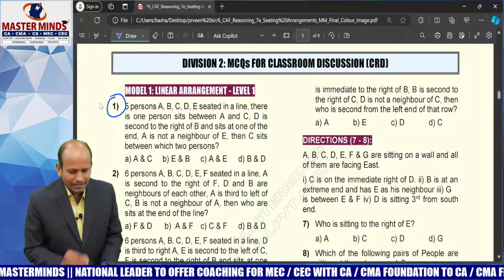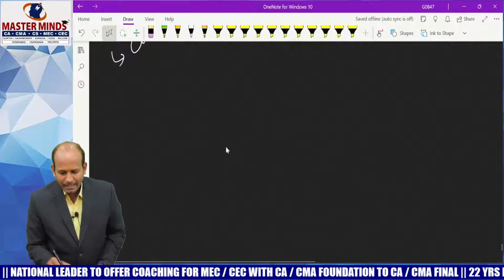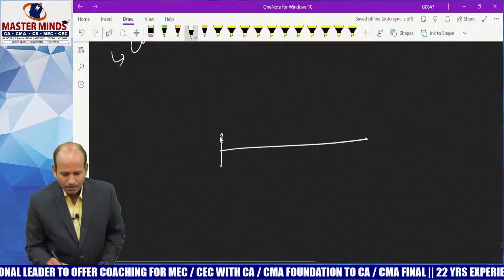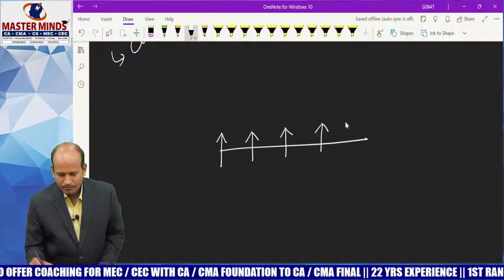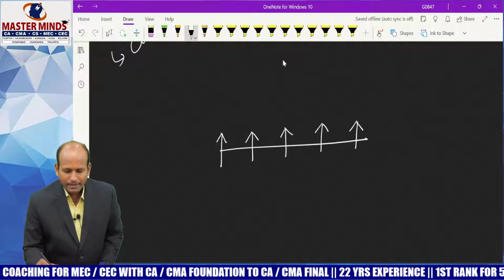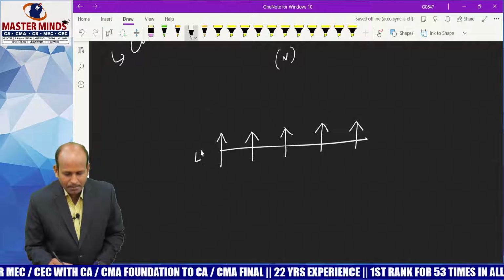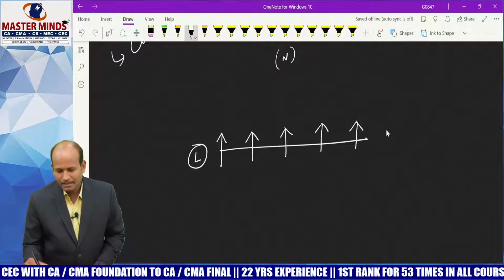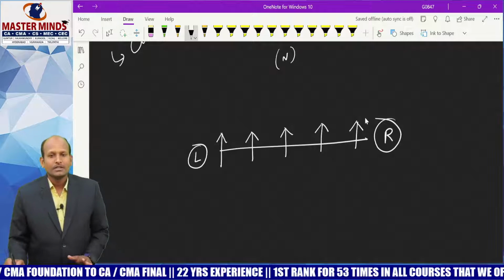So first let me take question number 1. It is a single lined seating arrangement. There are 5 members. Let me take all of them as north facing. That means the first member is the left ended person and the last member is the right ended person.